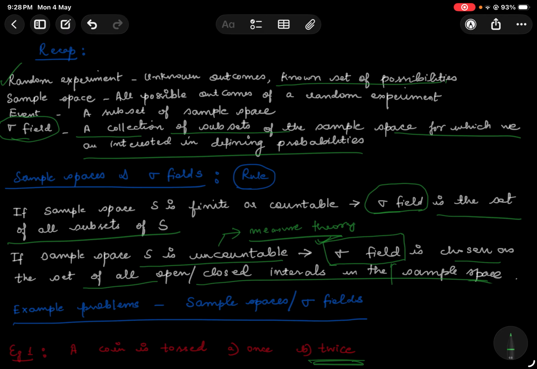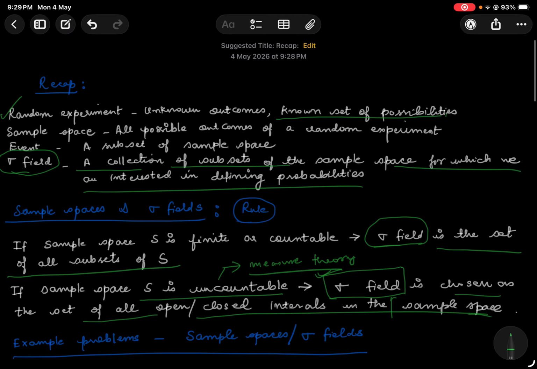So you know that there is a certain set, and any time you do that experiment, you will get something from that set only. There is a known set of possibilities, but what you will get at that particular instance, you do not know. A very simple example of a random experiment is tossing a coin. You know you will either get a head or a tail, but if you toss a coin right now, you don't know if you will get a head or a tail, but you know for sure that you will get either of the two.